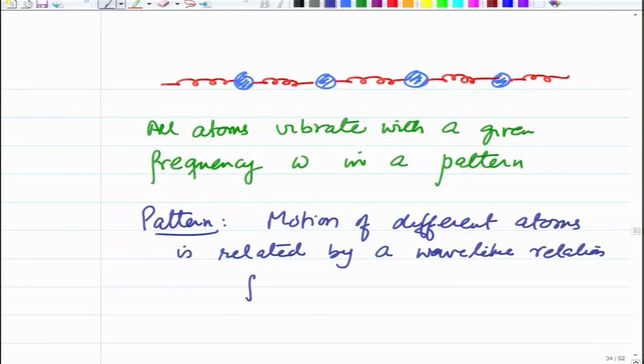That is, f s plus 1 over f s is going to be equal to e raised to i k a, or the real part of it. So, they are all related. So, this whole thing is vibrating with one frequency, something like what you are already familiar with. So, let me show you what you are familiar with.